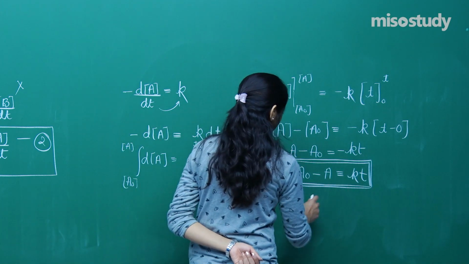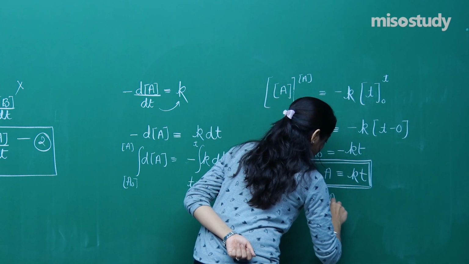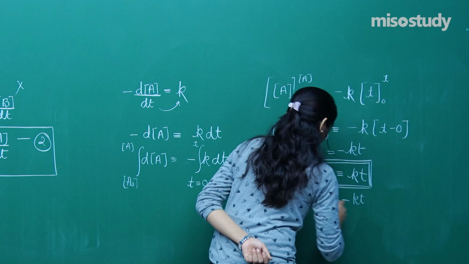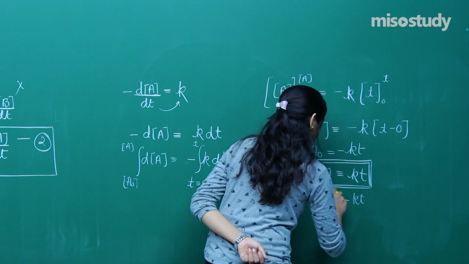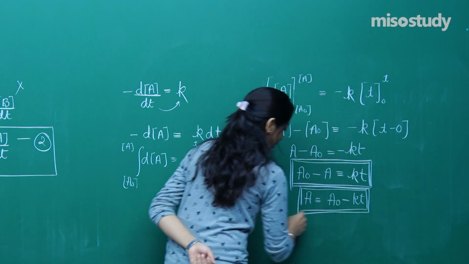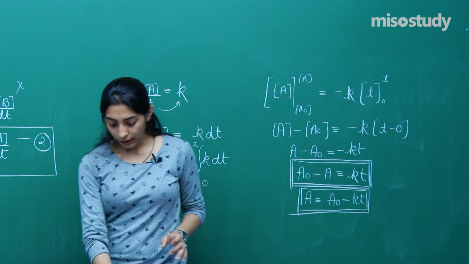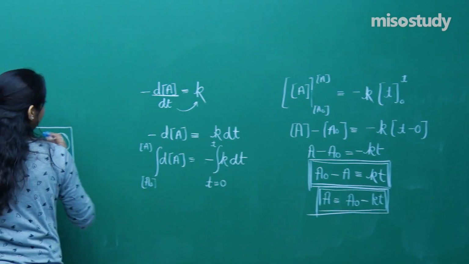So if this is not good, you can just take A to the right hand side. A is equal to A naught minus Kt. This is even a better equation which I can ask you people to remember. This is much better a thing that you can remember. Let me just write it somewhere else also.